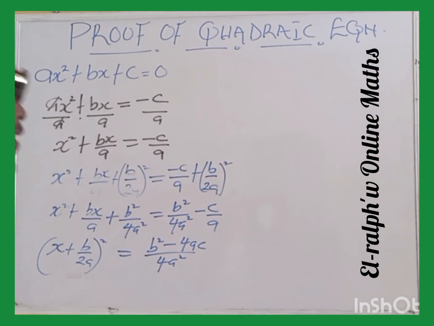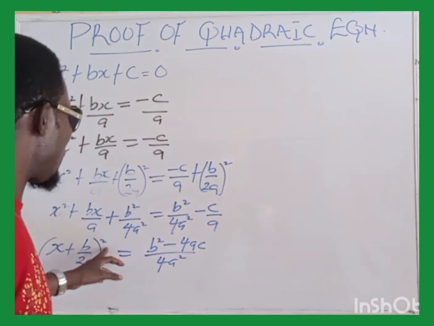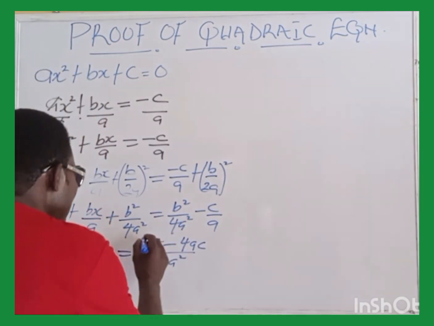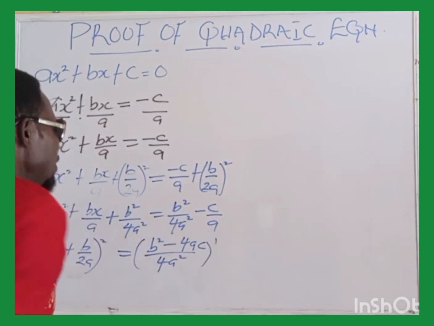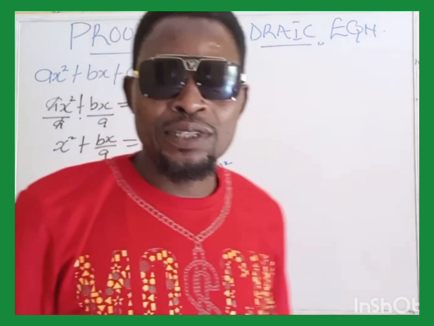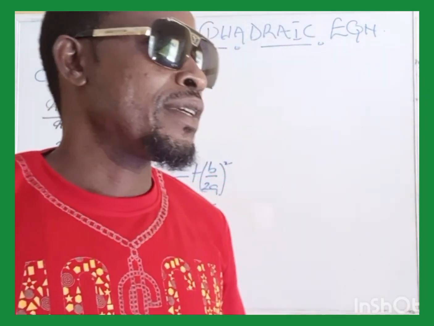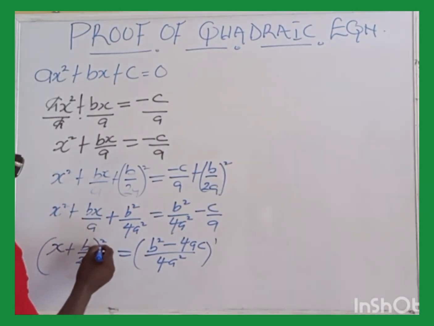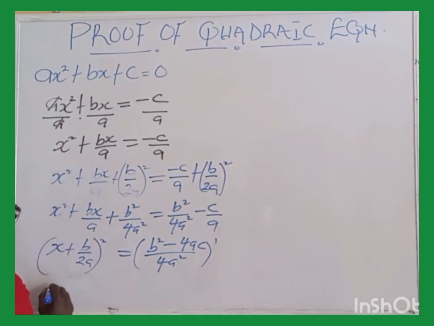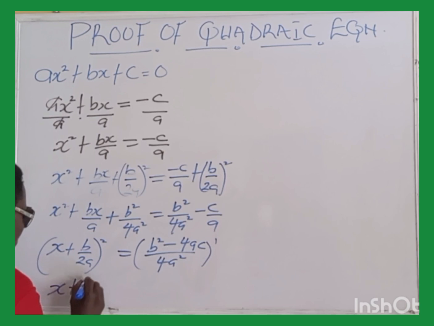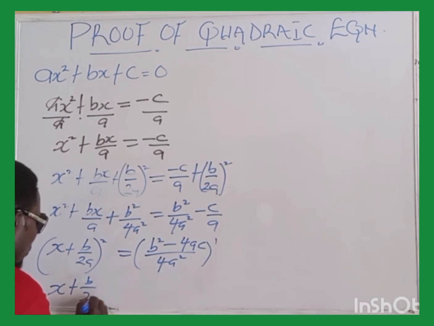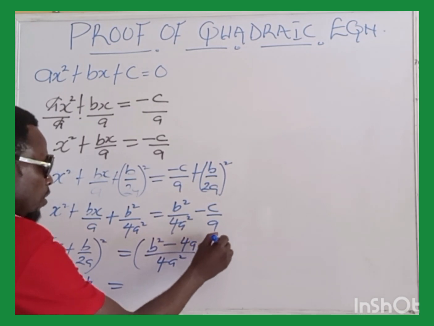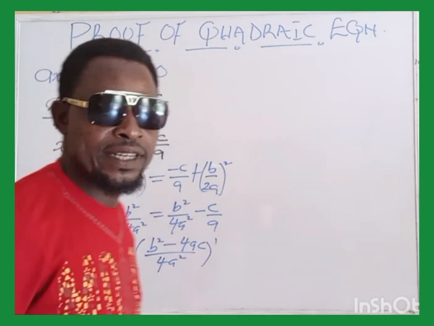So the next thing to do now is just, you see, this is being raised to the power of 2. This is being raised to the power of 1 altogether. The next thing to do is, you can raise both sides to the power of half. So when you raise both sides to the power of half, the half will cancel this 2. You now have x plus b all over 2a equals, you now take the square root of this because it is raised to a fractional index.